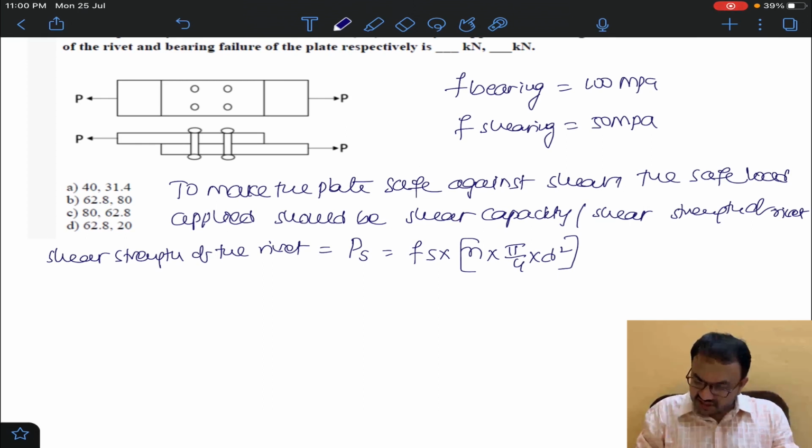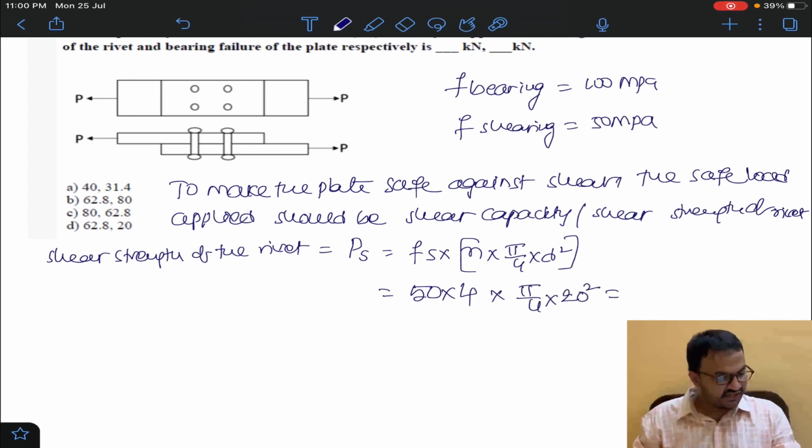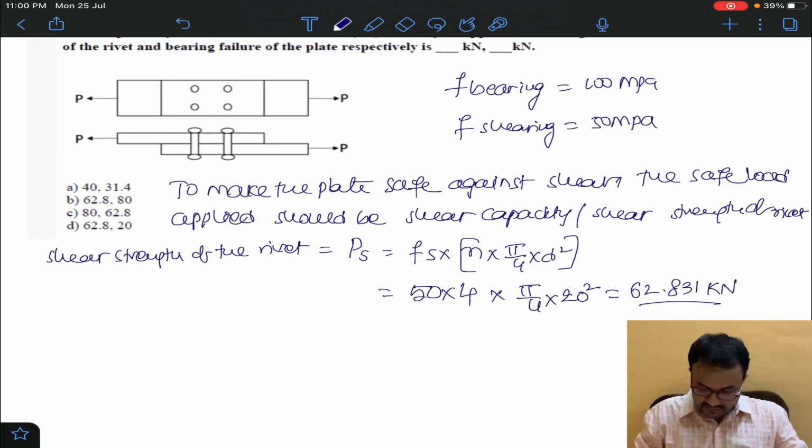What is the allowable shear stress? 50. How many bolts? 4 bolts. What is the diameter of each bolt? It is 20. So you will get the value as 62.831 kilonewton. Okay, so 62.8 kilonewton is the safe load that we can apply over the plate against shear.